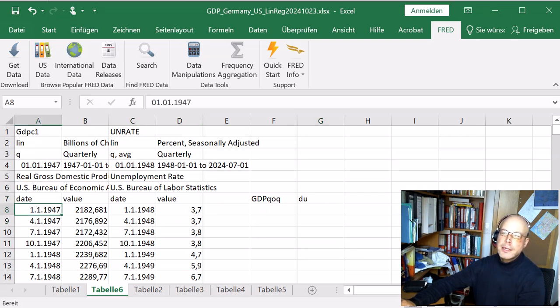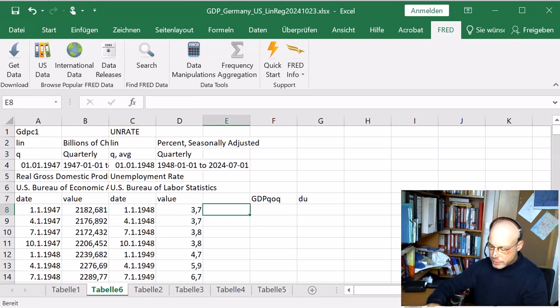Here we are starting at 1947, and here we are starting at 1948. So the first possible change where we have the two correlating data points is the second quarter of 1948.